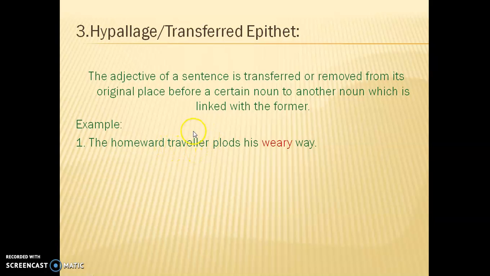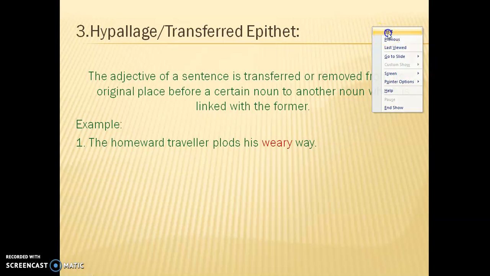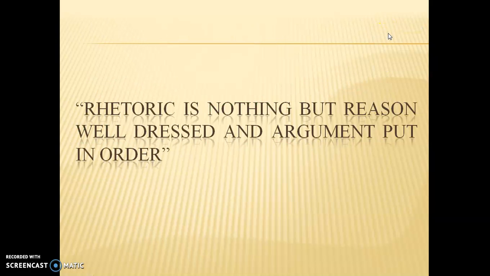The traveler can be weary, he can be tired, but the way cannot be tired, isn't it? But for its own literary beauty, it has been replaced. So: the homeward traveler plods his weary way, though actually it should be the homeward weary traveler plods his way, isn't it? So that is known as transferred epithet or hypallage.